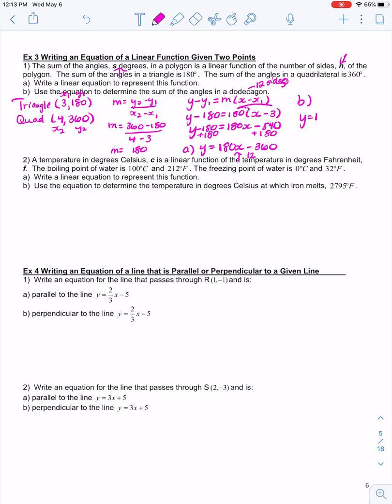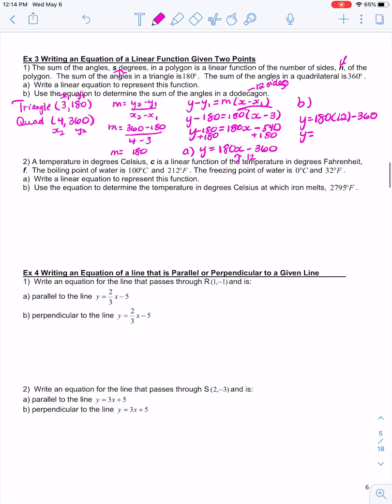So y is equal to 180 times 12 minus 360. And that gives me 1800 degrees. There we go. That's B.